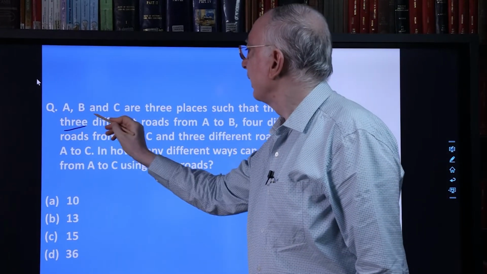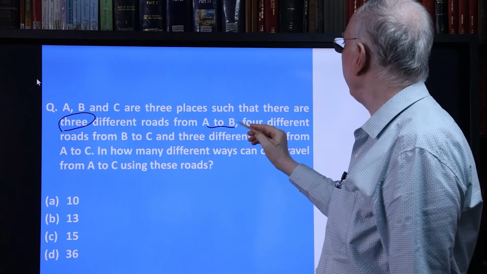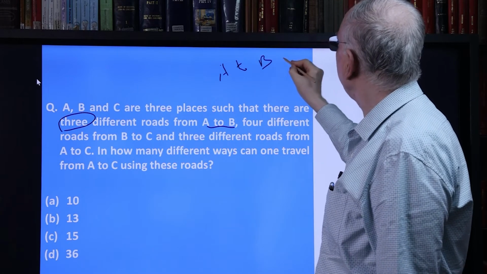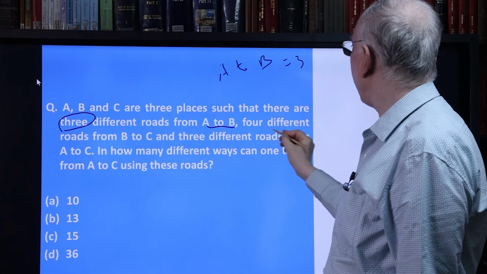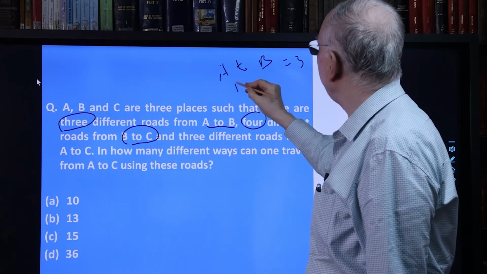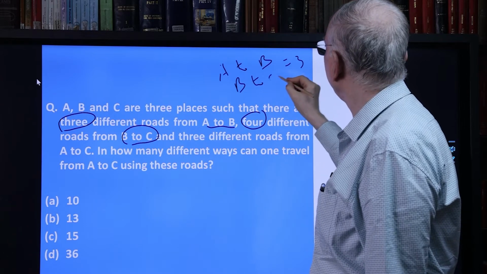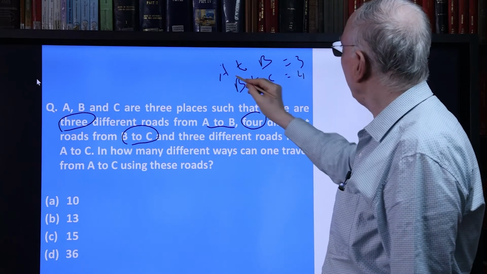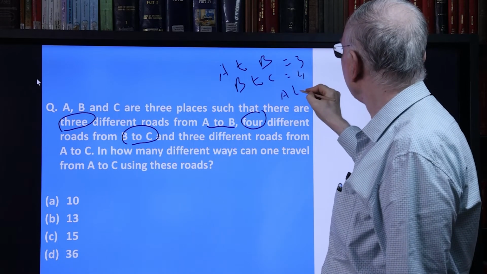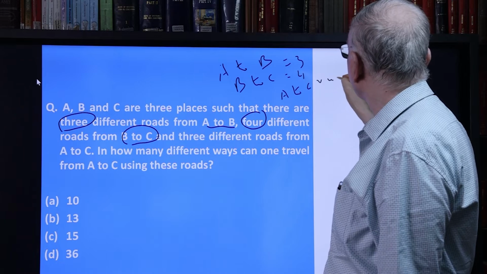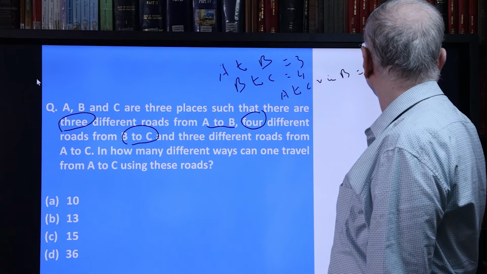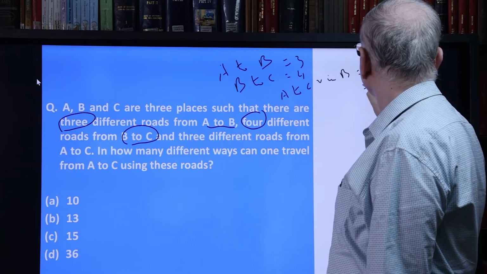Here are 3 different roads from A to B. So A to B, 3 different ways, and 4 different ways from B to C. So B to C, 4 different ways. And if we have to go from A to C via B, that will be 3 into 4, that means 12 ways.